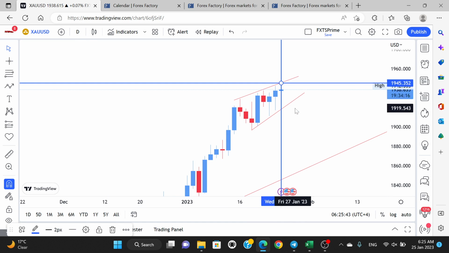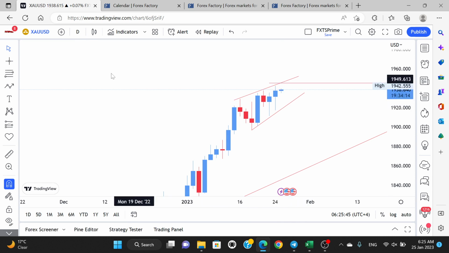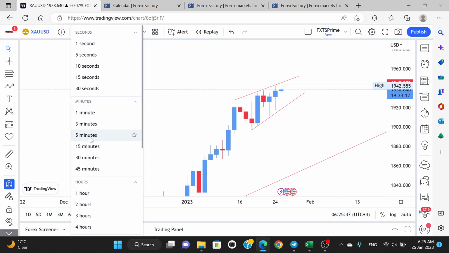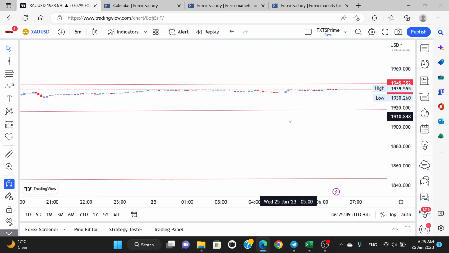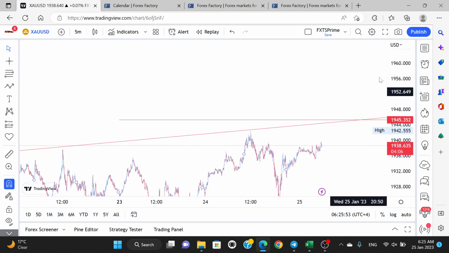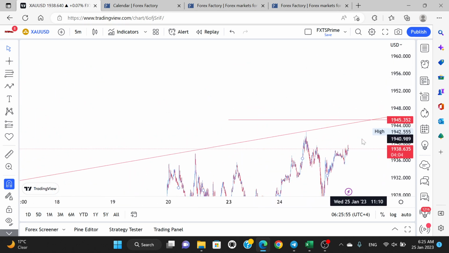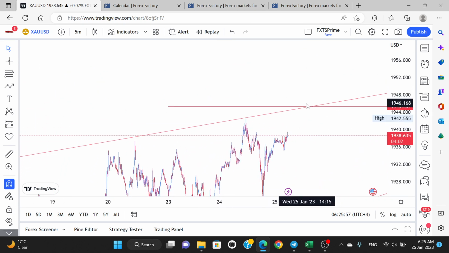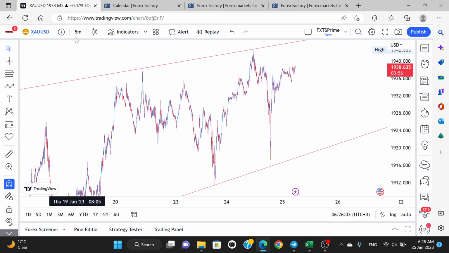If we want to use this area, no issues with that. However, we will drill down to the 5-minute chart and see where the resistances are, and above them we will put our stop loss here. This is what we are planning to do technically.